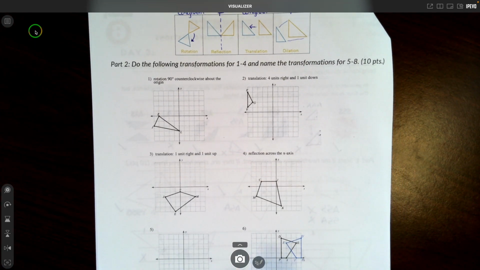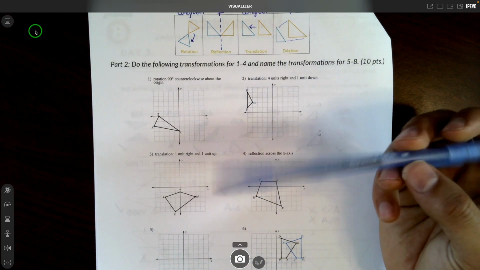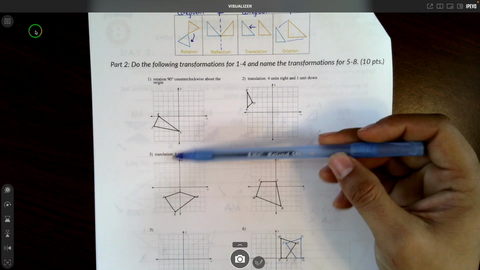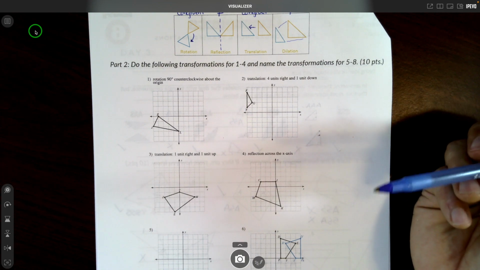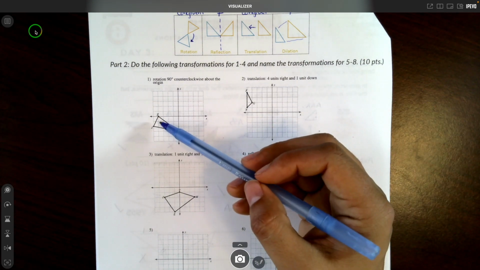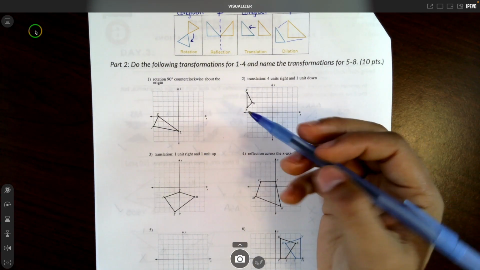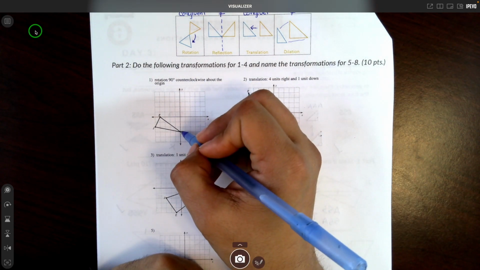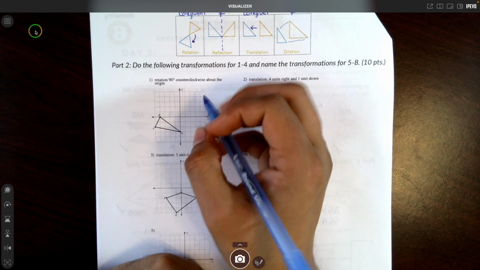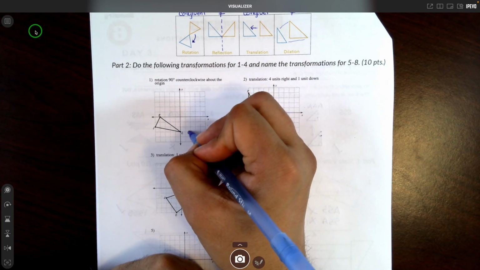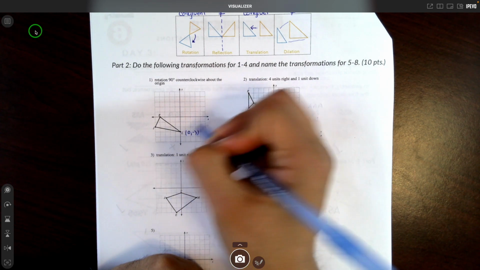Now, I did tell all my students that number 1, we were just going to skip it because there's a couple things that we didn't necessarily cover. You would have to basically write down the points, the coordinates for each point. So L would be 0, -3.